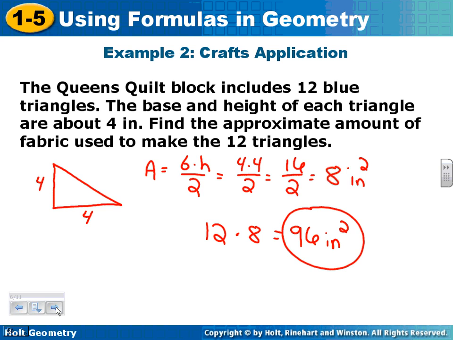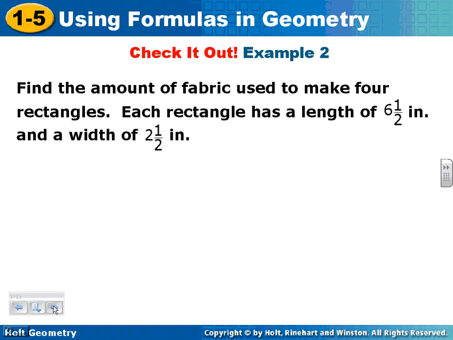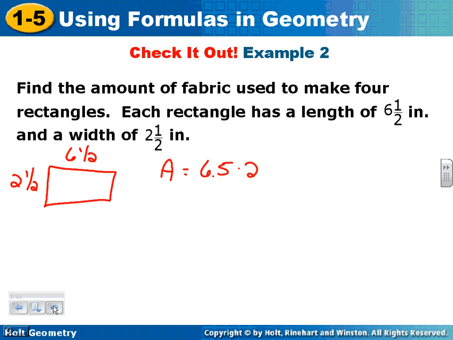The next one's very similar. Find the amount of fabric used to make 4 rectangles. Each rectangle, let's draw it, has a length of 6.5 and a width of 2.5. So the area of that rectangle would be, I'm going to write it, 6.5 times 2.5.